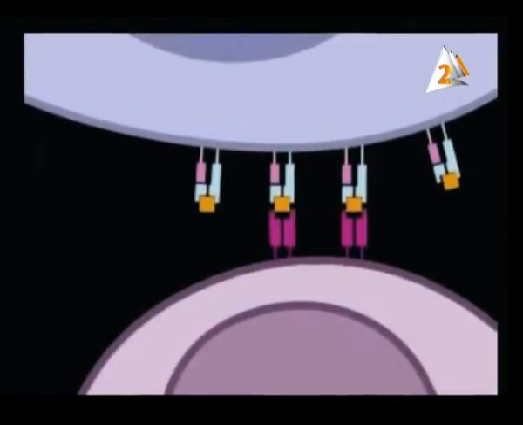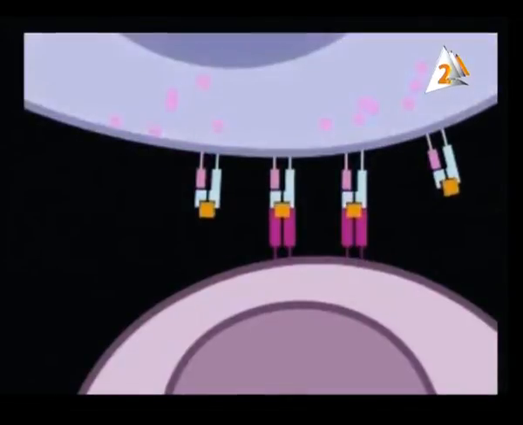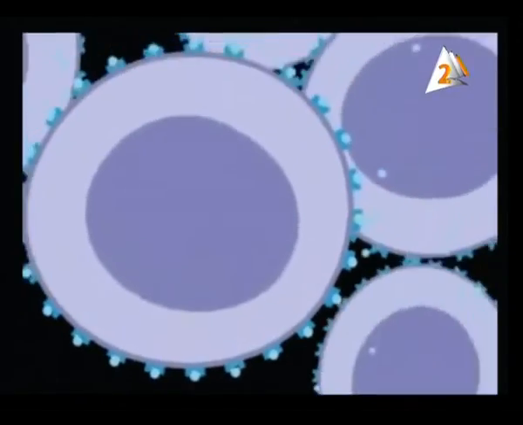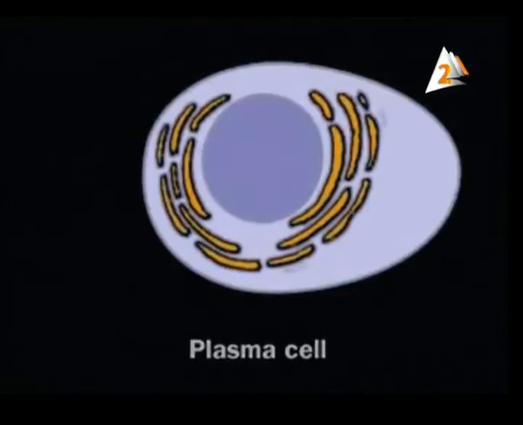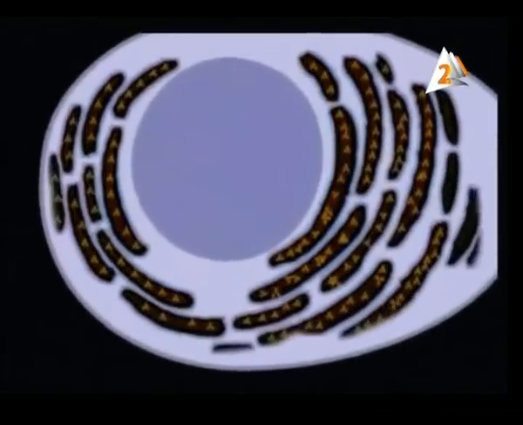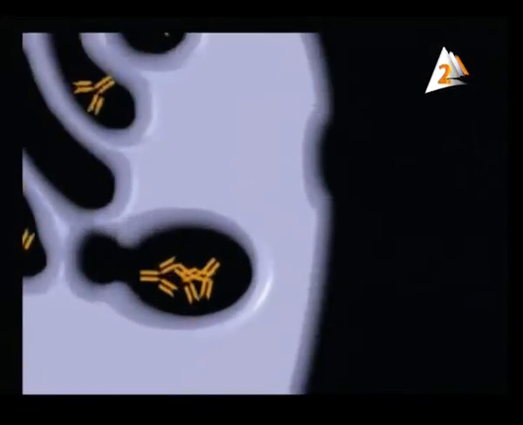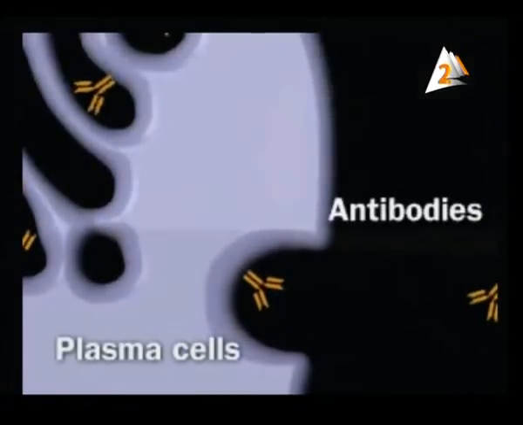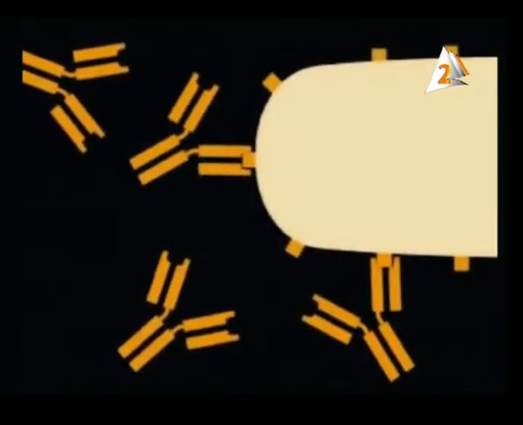Memory cells will remain in the blood for a long period of time, about 20 to 30 years, to recognize the same antigen if it re-enters the body, where they divide and differentiate into plasma cells that secrete antibodies specific for the same antigen, so a rapid response will be done, destroying the pathogen. This is the last point.